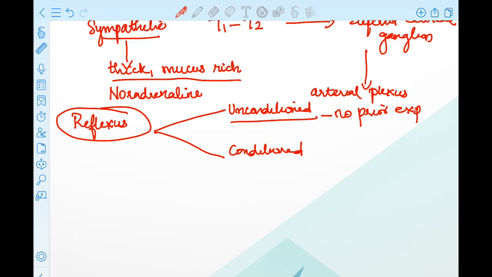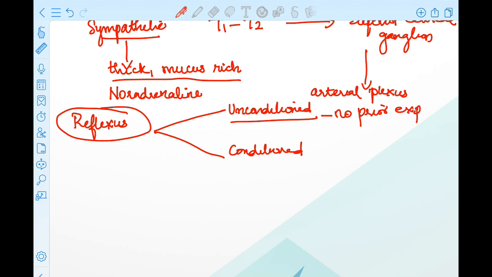For example, in case of dentists, we know that when we take the impression of a patient using alginate, there is a sudden gag reflex that occurs and there is drooling of saliva in the mouth. So it makes our experience as well as the patient's experience very unpleasant, right?